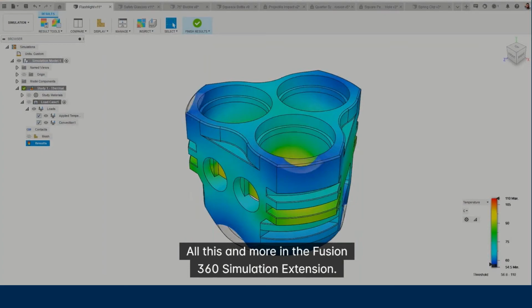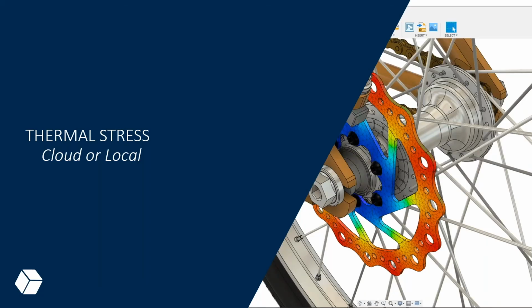Let us then move on to thermal stress simulations. Thermal stress is a simulation model where you're looking at non-uniform distribution of heat, so where the heat is sitting in localized spots or in a distributed load.